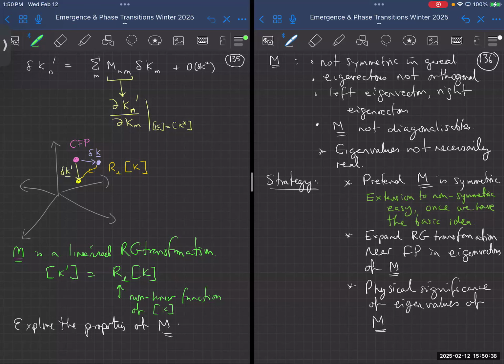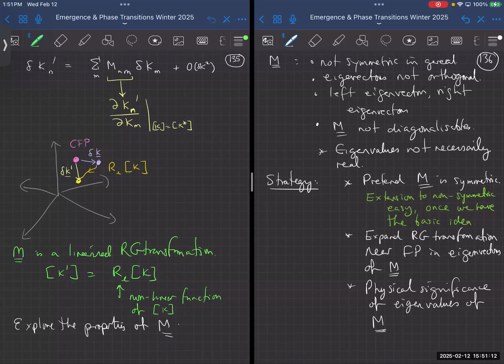And so what we're going to do is next time we're going to classify our dynamics in terms of the eigenvectors. So we're going to do an expansion, and then we're going to see that the things that matter are these growing eigenvectors. And what we're going to see, in fact, is that because those eigenvectors push you away from the critical fixed point, and you want to know what corresponds to the variables that you control in your physical system, like temperature and field, those are the variables that you control to get you out to the critical fixed point.